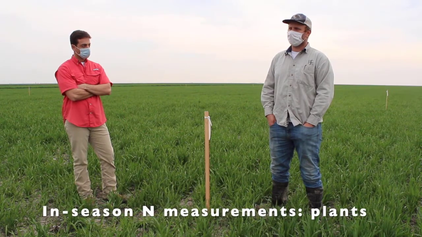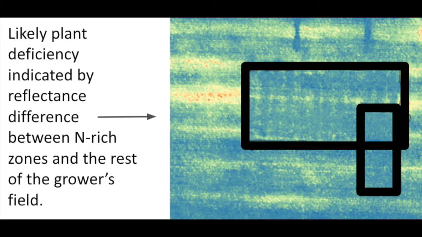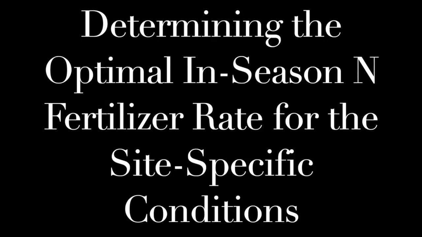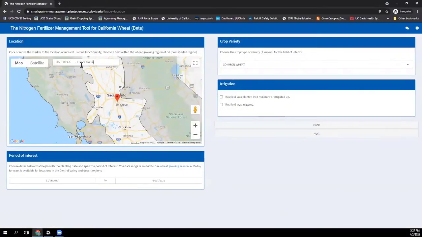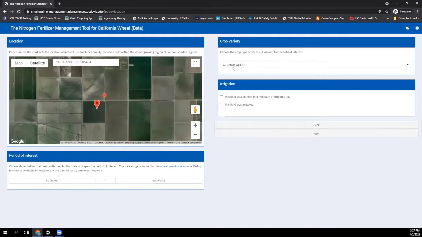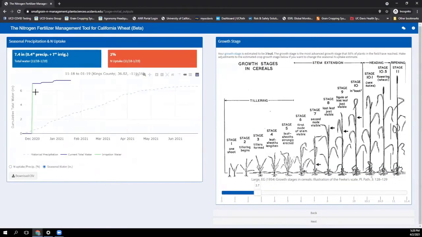In the grower-managed portion of the field, there was a likely plant deficiency signal between the nitrogen-rich zones and the rest of the grower's managed field. We used that data as input into the nitrogen management web tool to calculate, along with some grower input in terms of planting date and location, what a nitrogen response curve would look like.